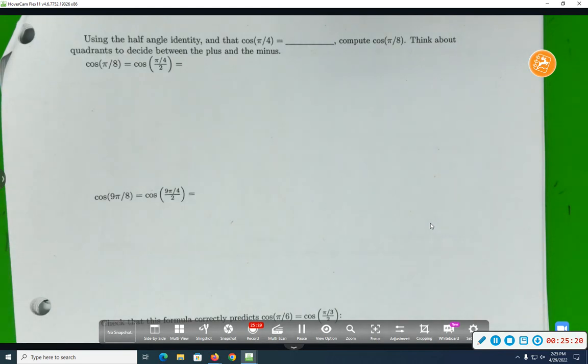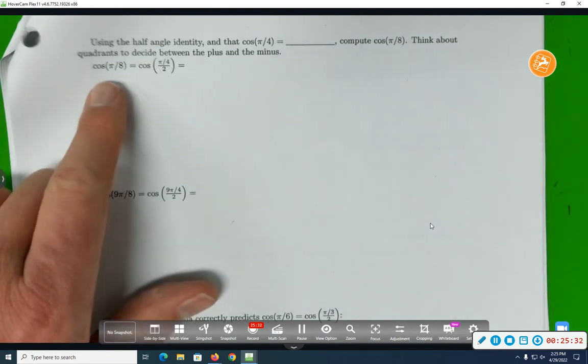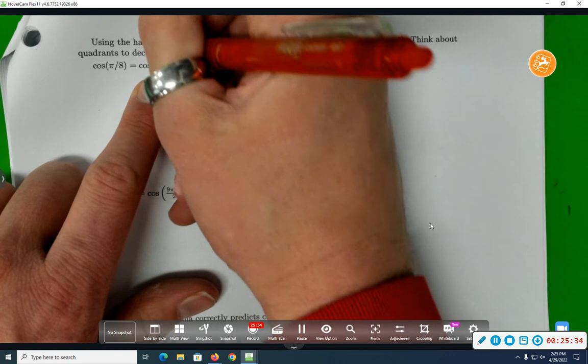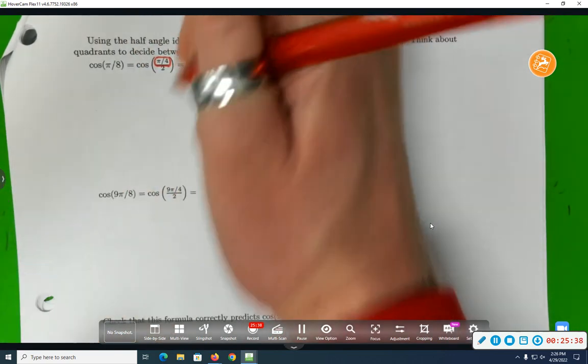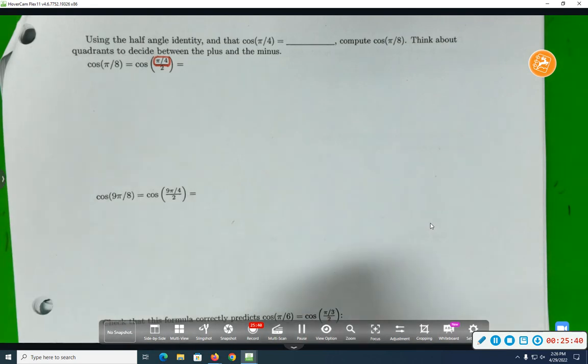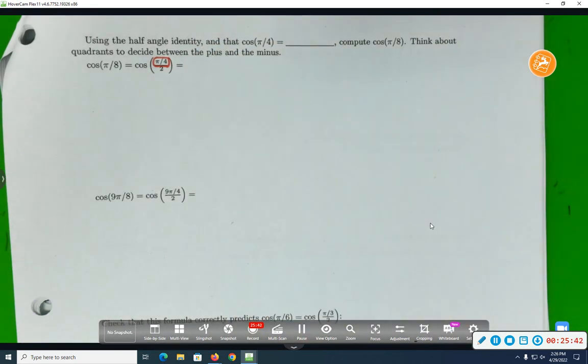Here's the strategy. Is pi over 8 half of an angle that we do understand well? Yeah, it's half of pi over 4. So let's use this. Cosine of pi over 8 is cosine of pi over 4, which I'll emphasize in orange, over 2. And we have a formula now.